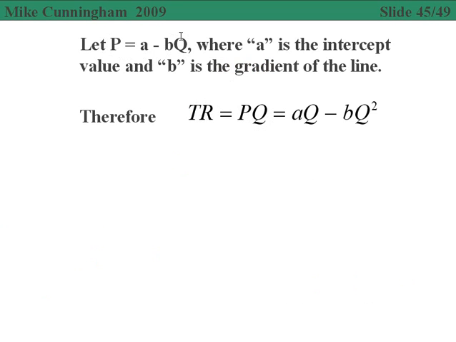There are no exponents, no squares or cubes or complicated expressions in there. Now, if you multiply P by Q, we get AQ minus BQ squared.